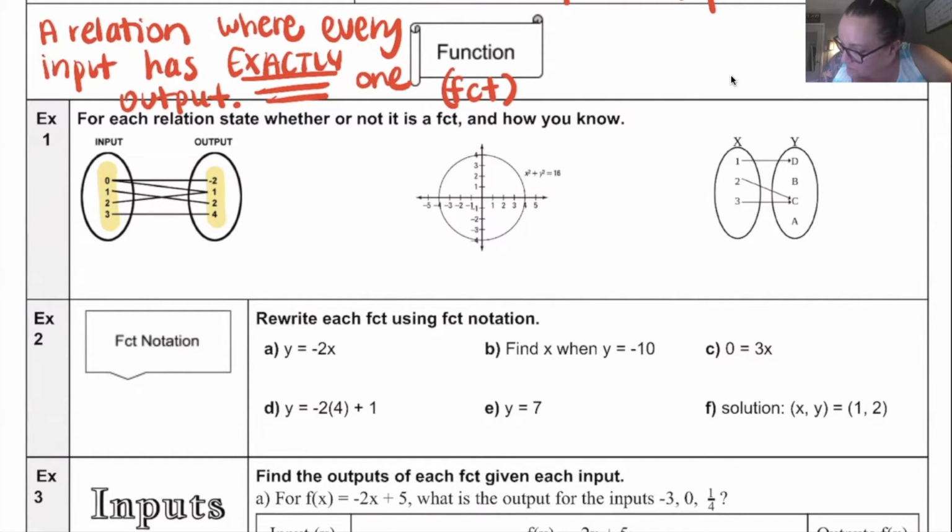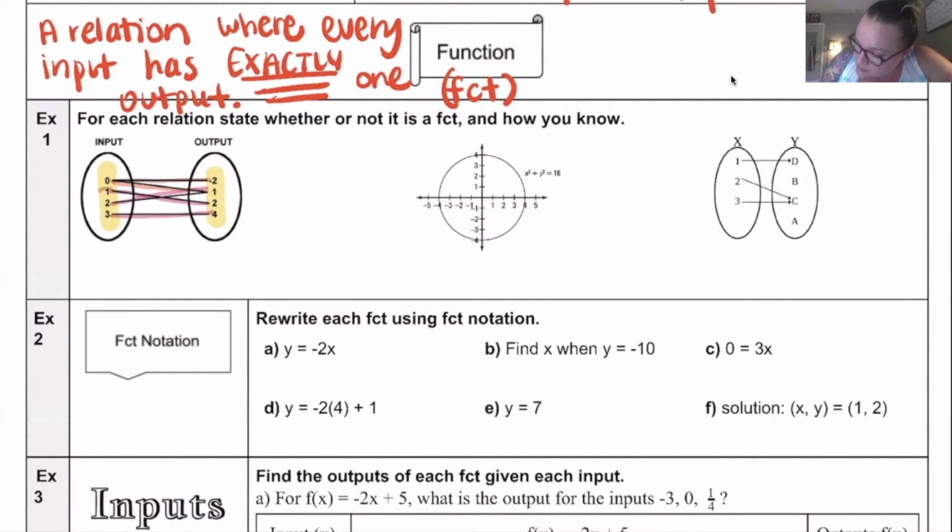So 0 is being mapped to -2, but 0 is also being mapped to 1. 1 is being mapped to 2. 2 is being mapped to 1, and 3 is being mapped to 4.